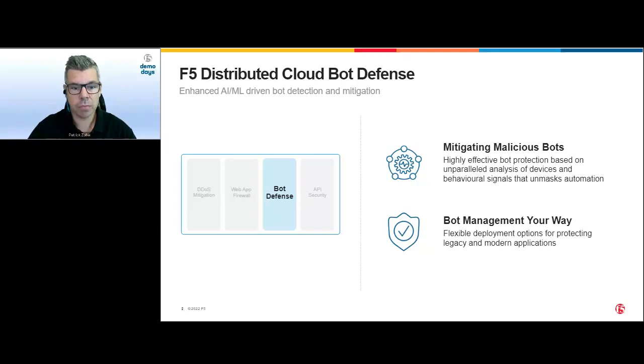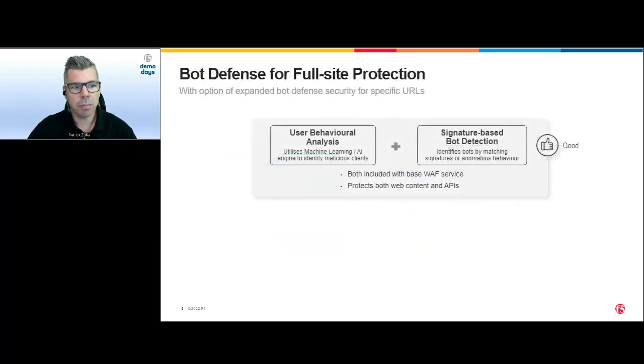Let's continue. If we talk about bot defense, there are two flavors available on distributed cloud. One is based on signatures and collecting user behavior analysis. This is part of our WAAP offering. It is included, it is there. It delivers a good outcome, meaning good protection against automated traffic.